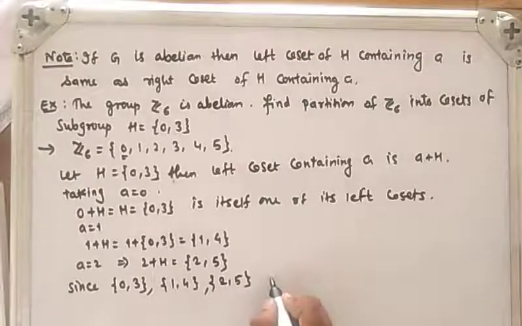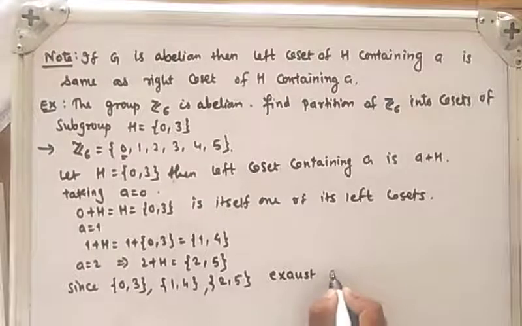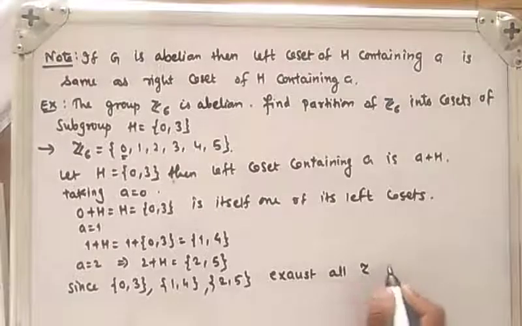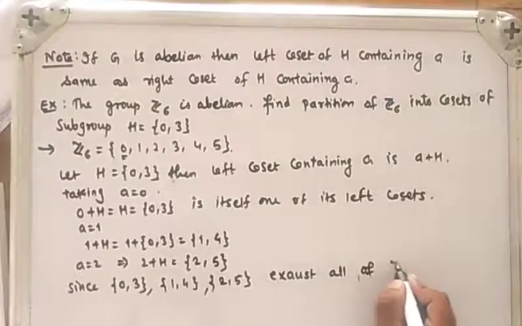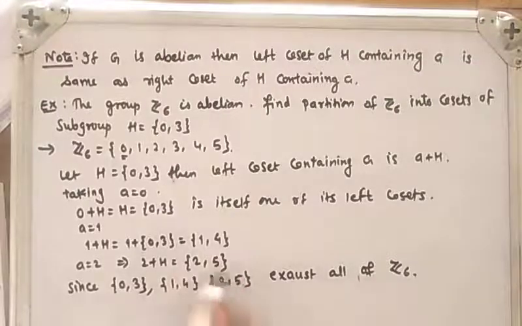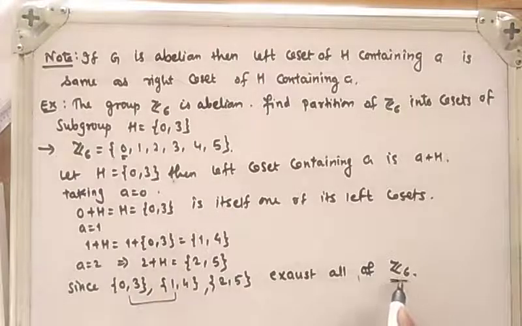The union of these 3 sets will be Z6, which forms the partition, because there is no common element between these sets, and the union of all these 3 sets gives Z6, meaning these 3 sets exhaust Z6, right?